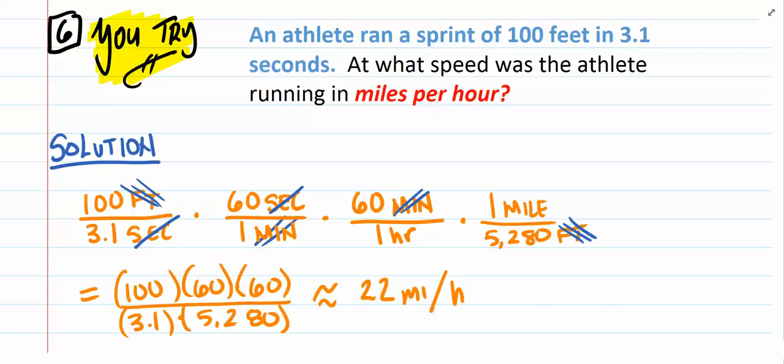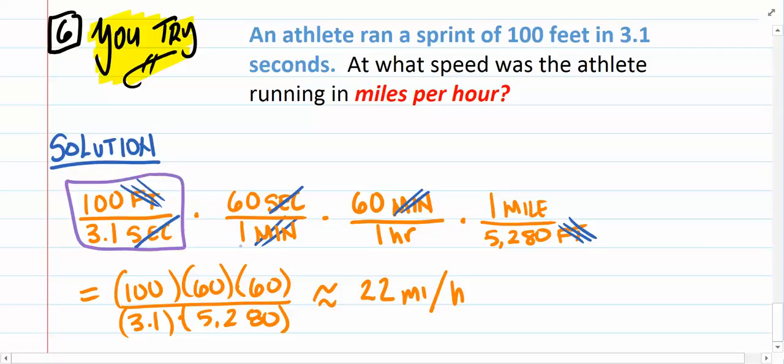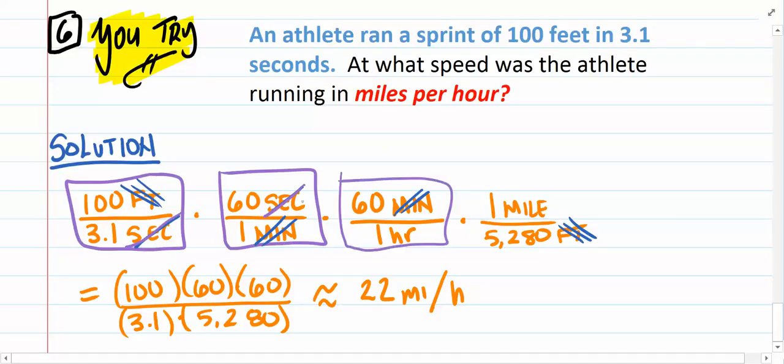Here's how I did it. I had to come up with 3 different conversion factors to figure this out, and I'll show you all of my markings in purple. So we start with 100 feet per second. I multiply that because I know that 60 seconds is 1 minute, and notice that my seconds cancel out. Then I convert from minutes to hours by multiplying by 60 minutes in 1 hour, so my minutes now cancel.